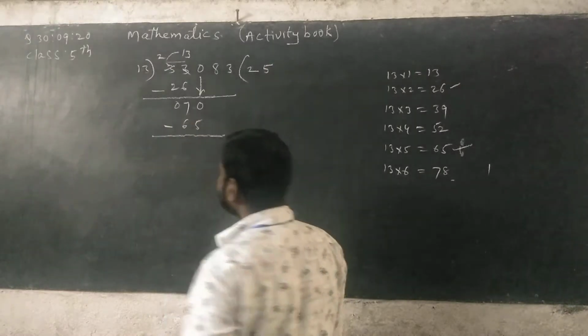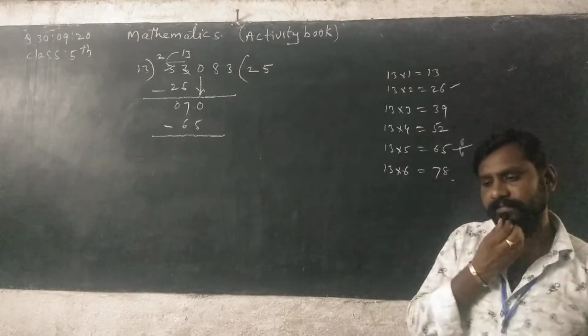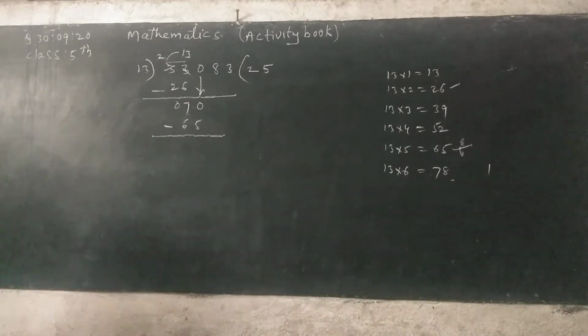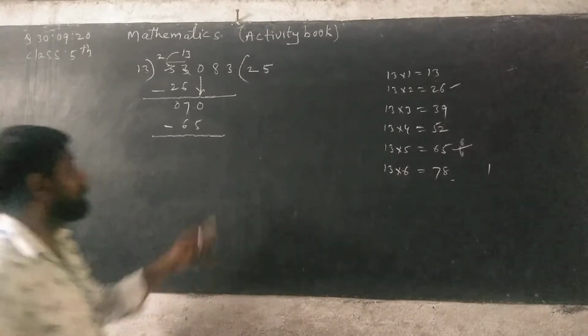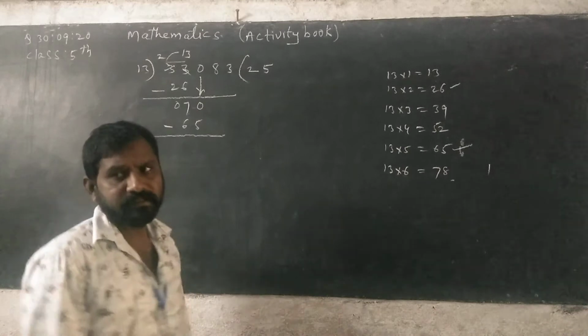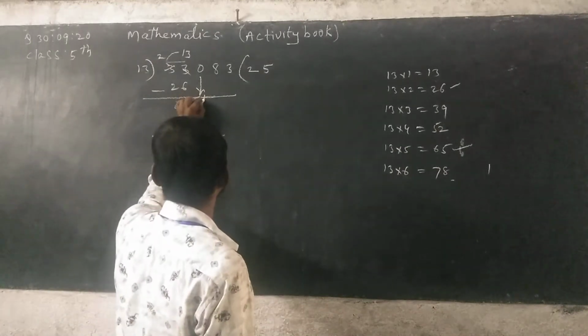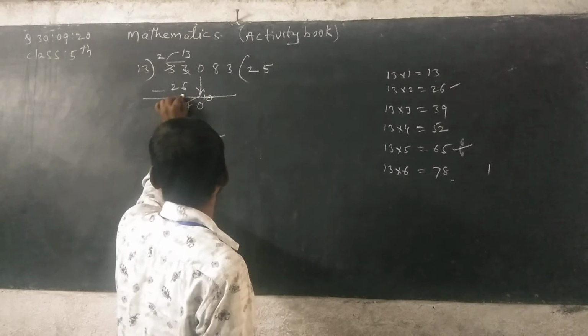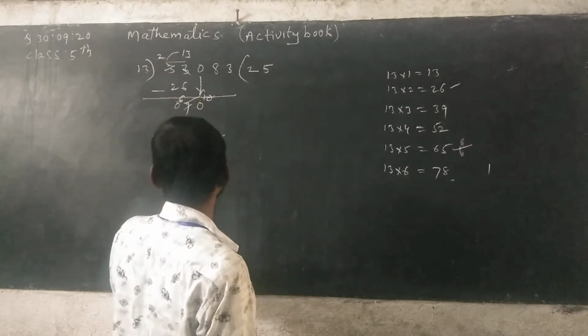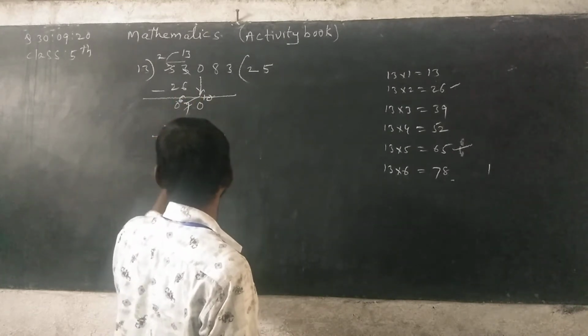See here, 65 is subtracted from 70. 0 minus 5 possible? Not possible. So take borrowing from 7. So that is 10. Here 6. 10 minus 5, 5. 6 minus 6 is 0.